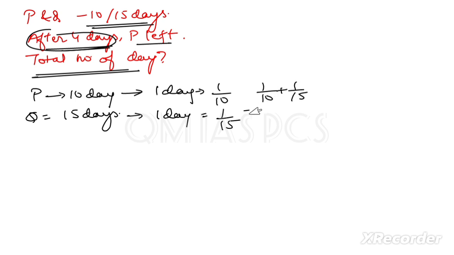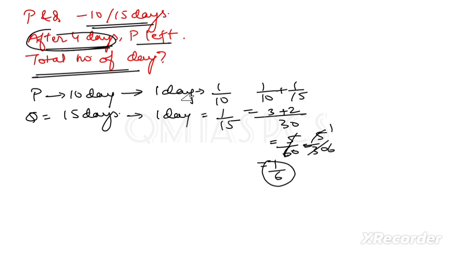That is 3 plus 2, 5 by 30, so that is 1 by 6. So 1 by 6 part is completed by both P and Q in 1 day. For 4 days, it will be 4 multiplied by 1 by 6, that will be 2 by 3.